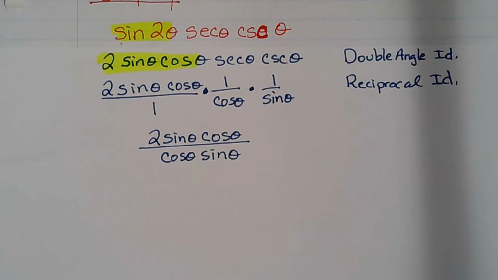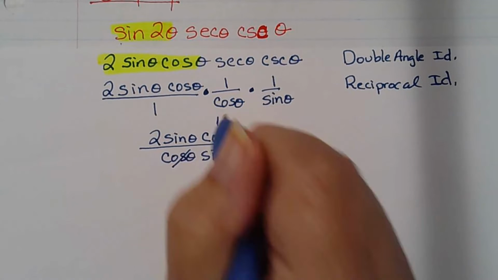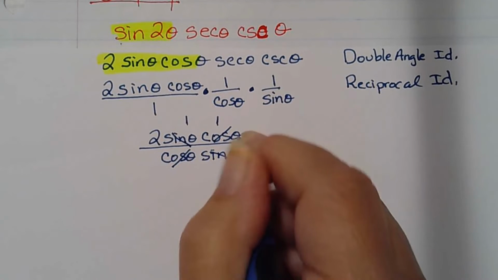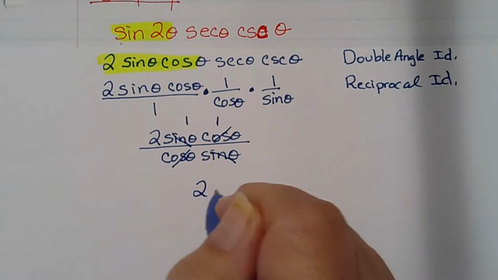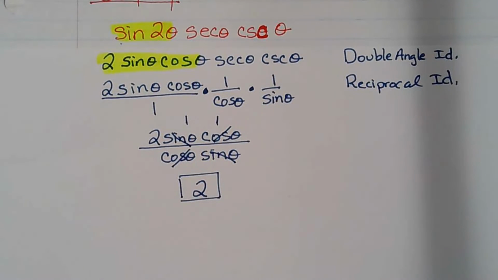And then because we are now down to just multiplying, we can go ahead and divide out those common factors. So cosine divided by cosine is 1, and sine divided by sine is 1, and 2 times 1 is 2, and so that would be our simplification for that trig expression.